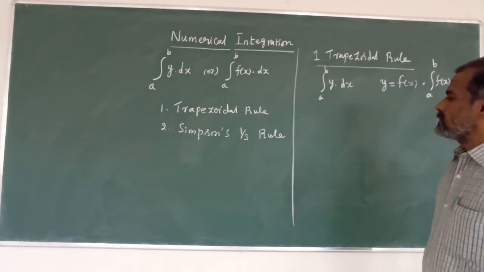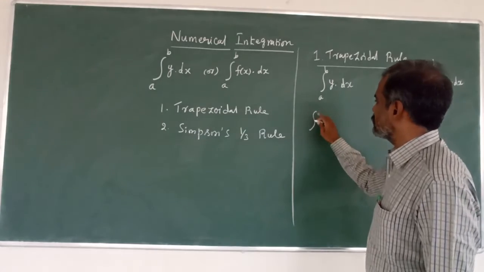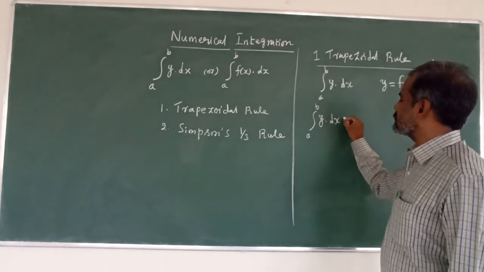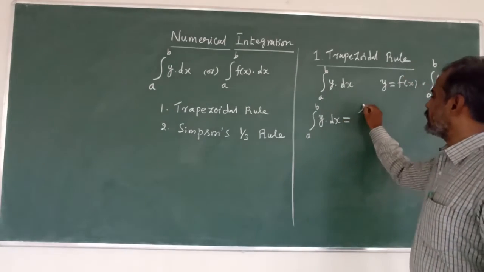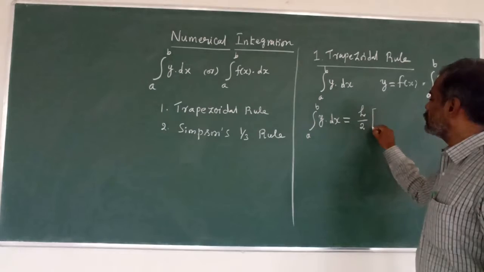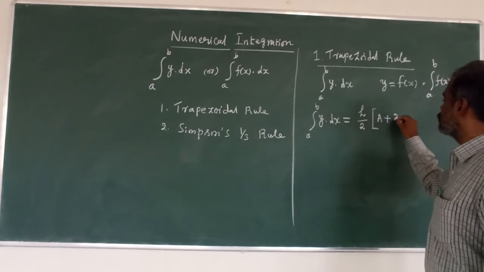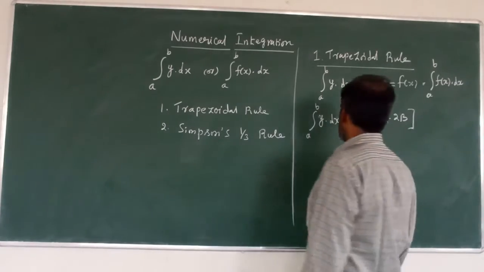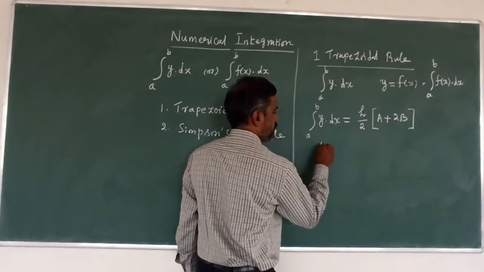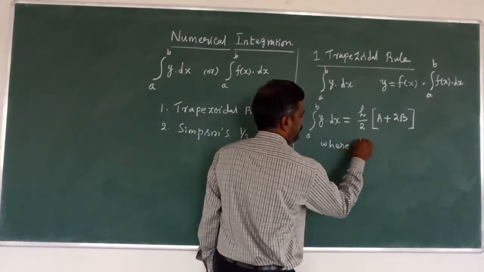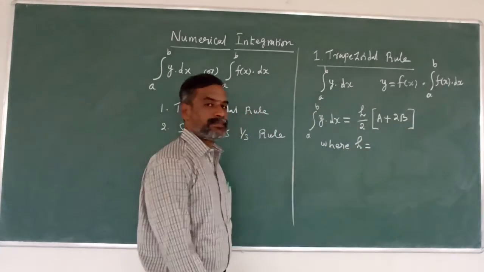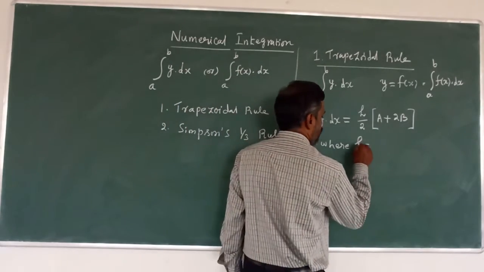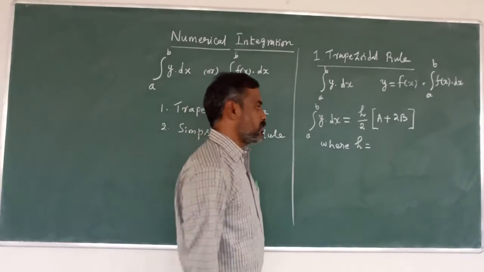Now the formula: integration a to b y dx equal h divided by 2 within brackets A plus 2B, where h means intervals. How to find the h value?